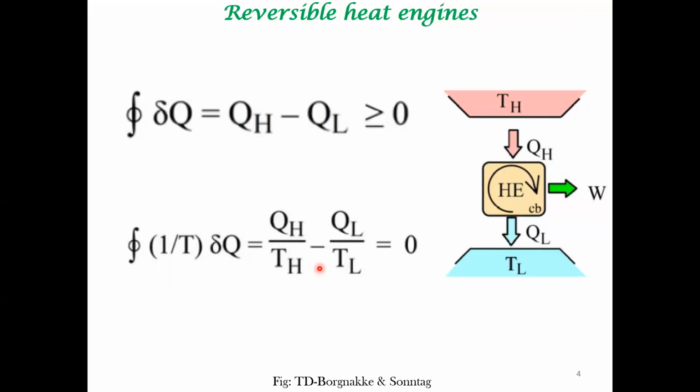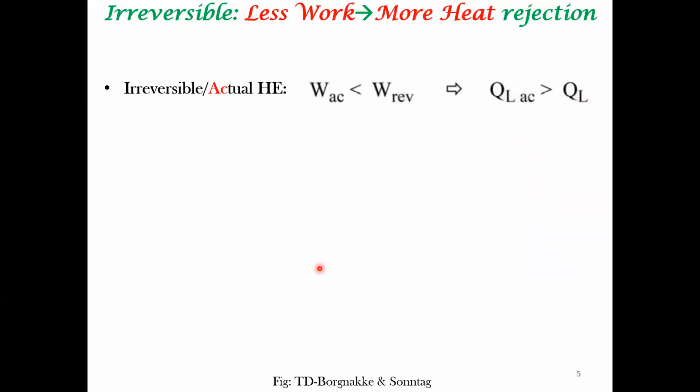So what is new here is we are getting into more irreversible processes. When you say something is irreversible, let's say an irreversible heat engine, not all heat engines are reversible. If you talk about the actual heat engine, it's an irreversible heat engine.